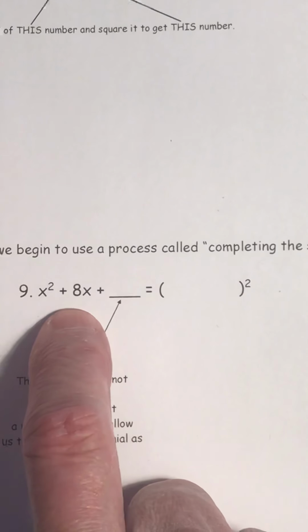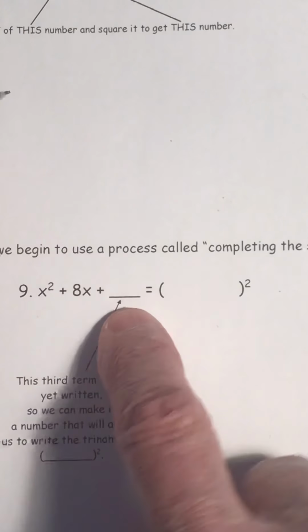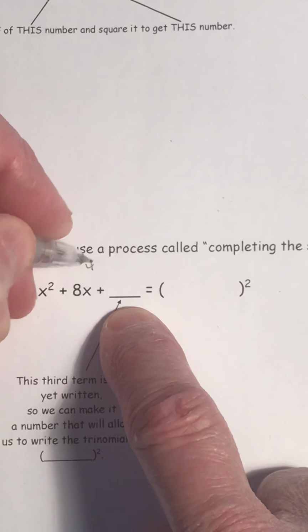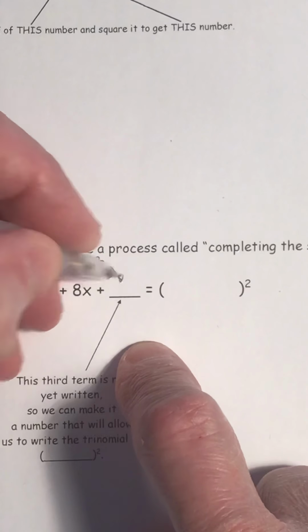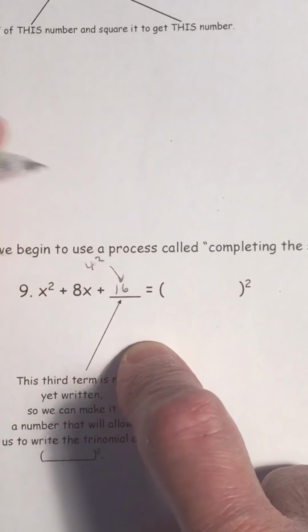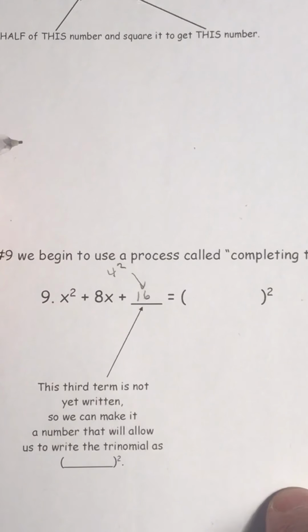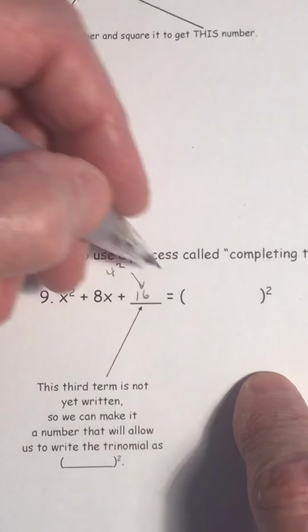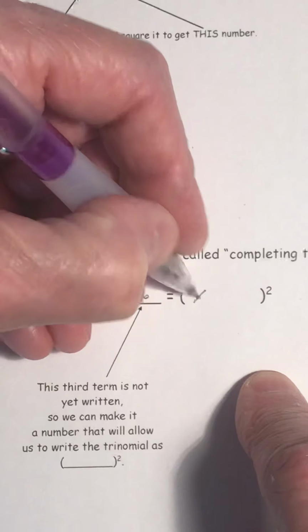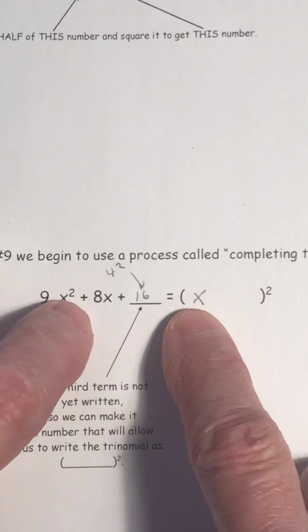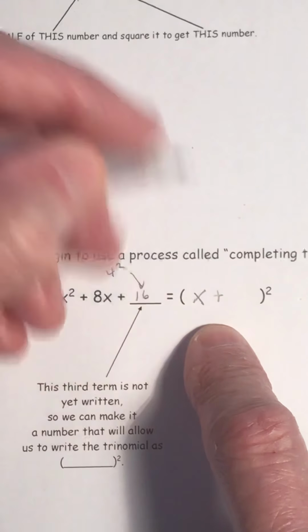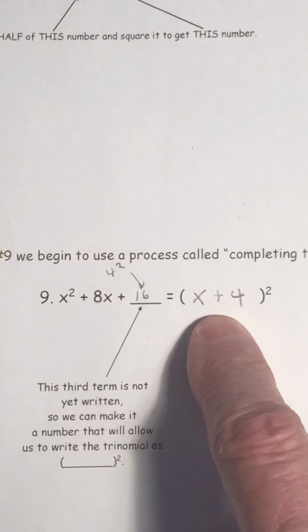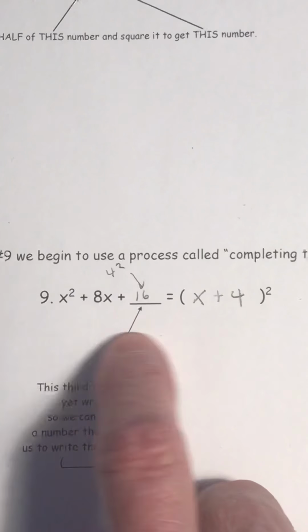There's the x. The 4 gets squared, and that's what goes here, the 16. Okay, so we're going to rewrite this as same variable, same sign, plus or minus, and it's always going to be half of that. So x plus 4 times x plus 4 would produce that.